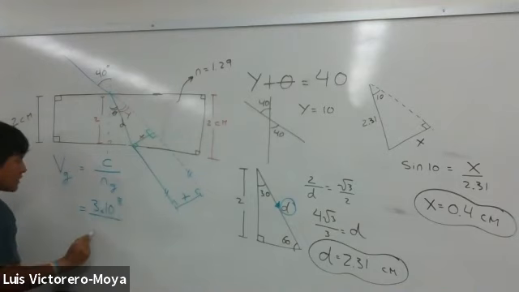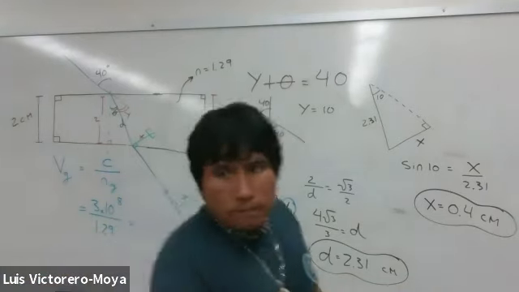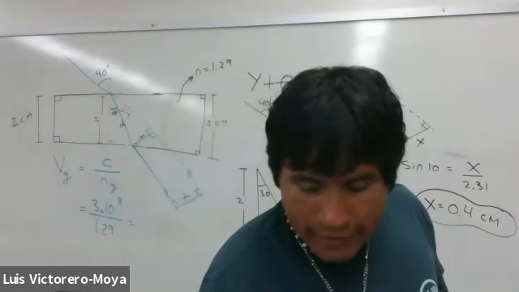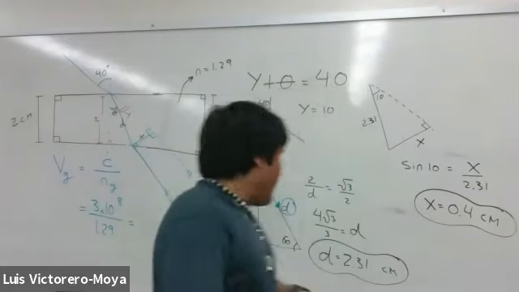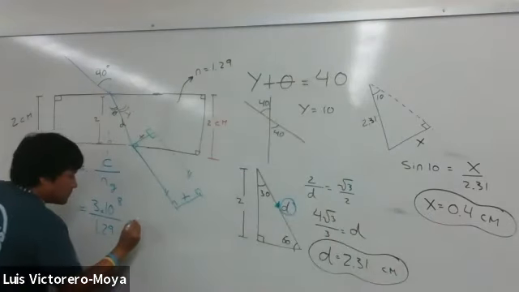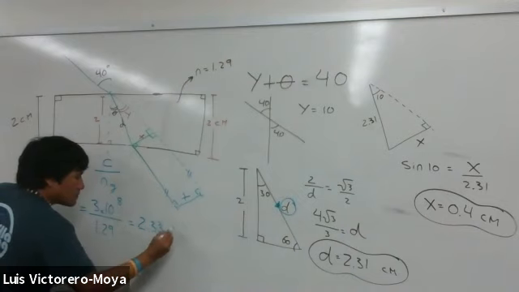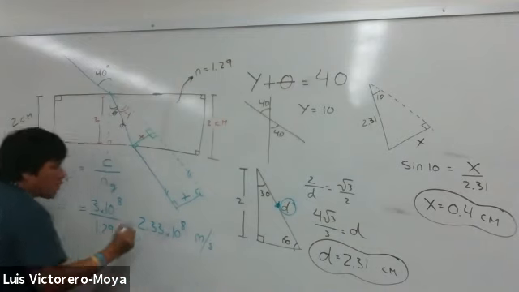What's the n of glass? 1.29. So I will get 2.33 times 10 to the 8 meters per second.